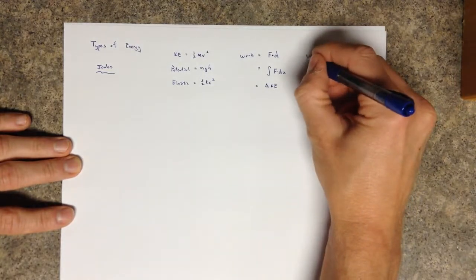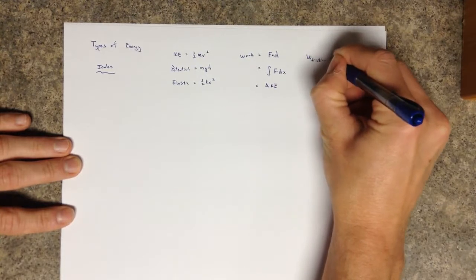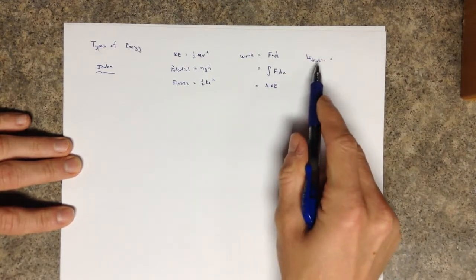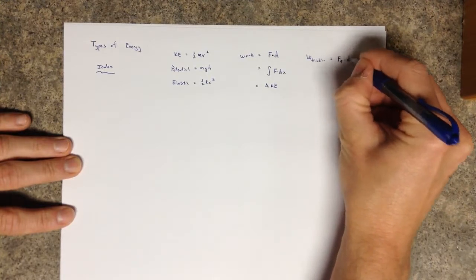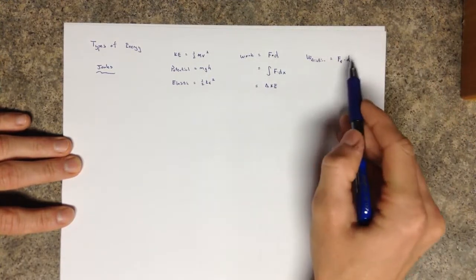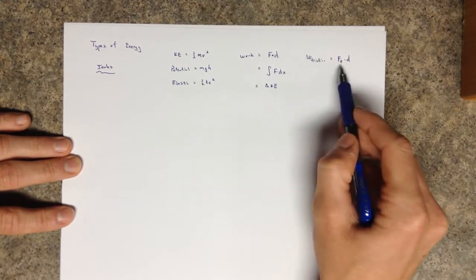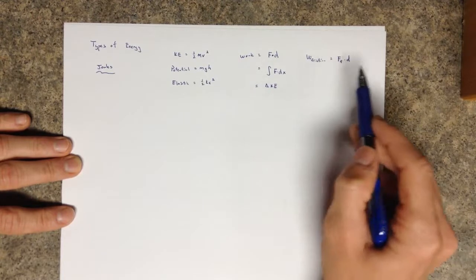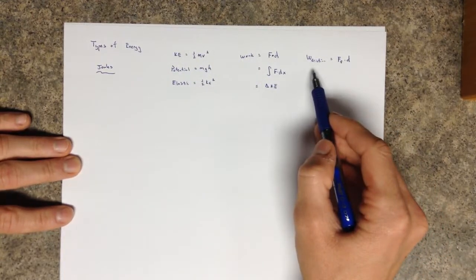And what we're going to do sometimes is look at the work done by friction. As long as the frictional force is constant, which most of the time it is, the work done by friction is just the force of friction times the distance. Don't forget that distance. Again, there's a difference between the work done by friction and the force of friction. So when you're in an energy and work situation, you want to use the work done by friction. Okay?